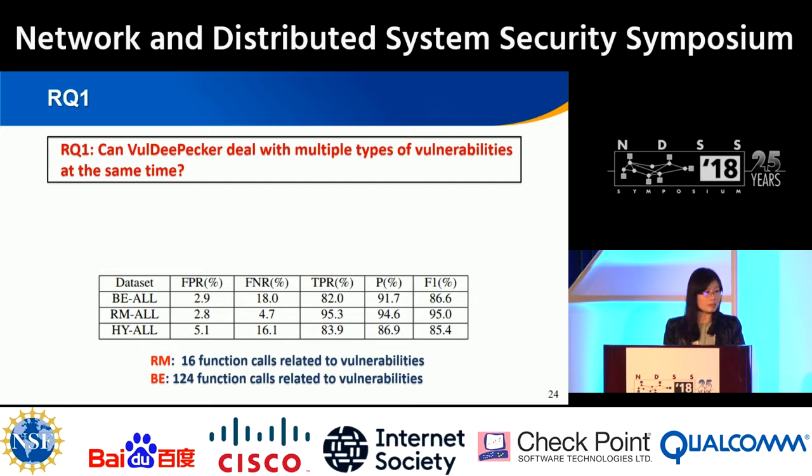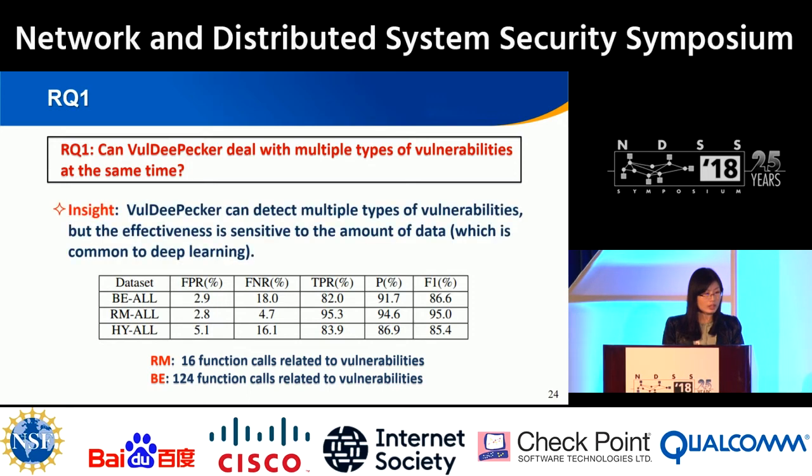This can be explained by the fact that the number of function calls related to RM vulnerabilities is far smaller than function calls related to BE vulnerabilities. The insight is that VulDeePecker can detect multiple types of vulnerabilities, but effectiveness is sensitive to the amount of data, which is common to deep learning.